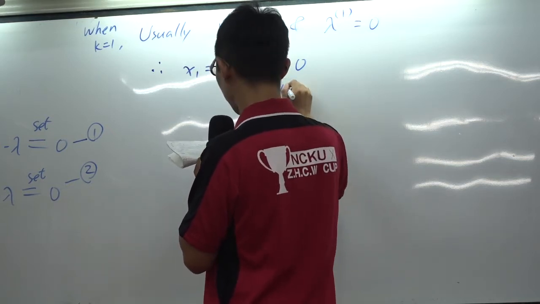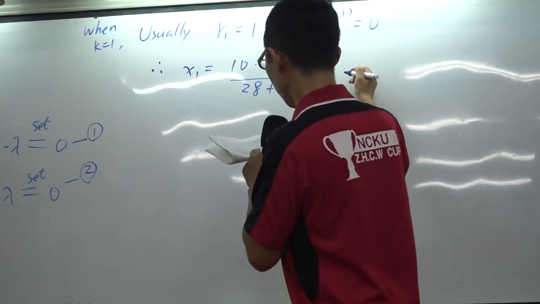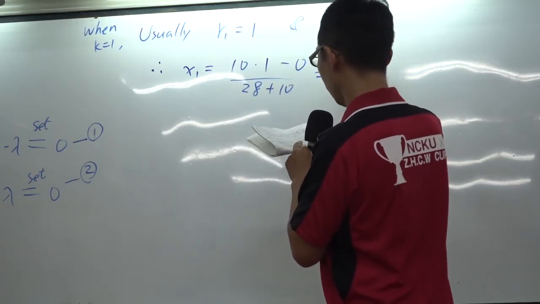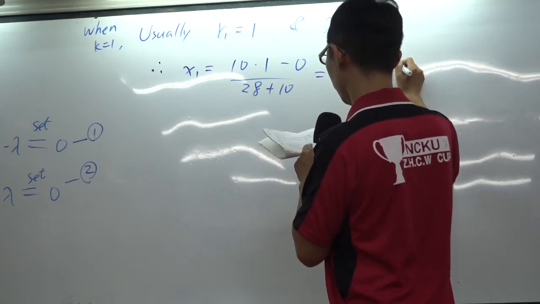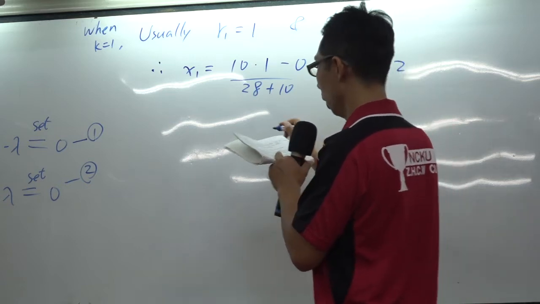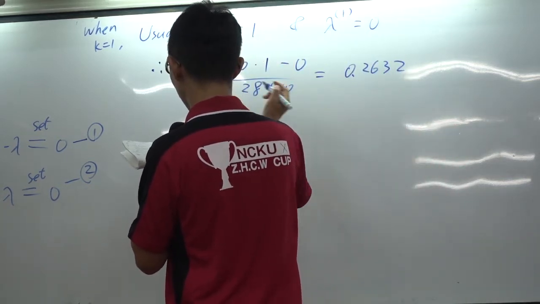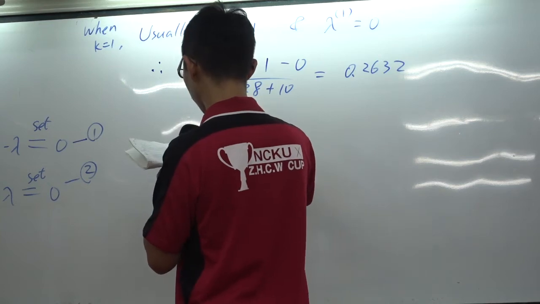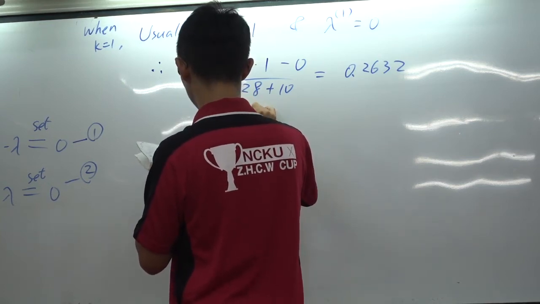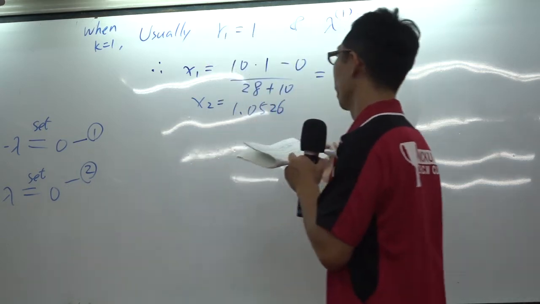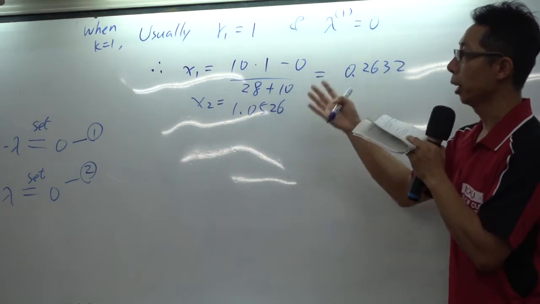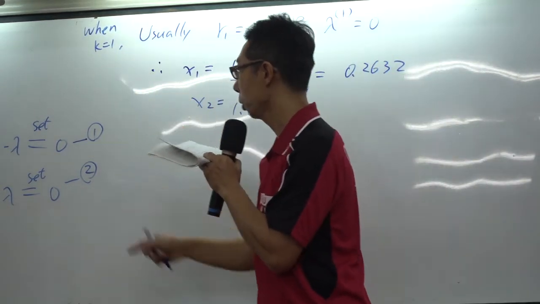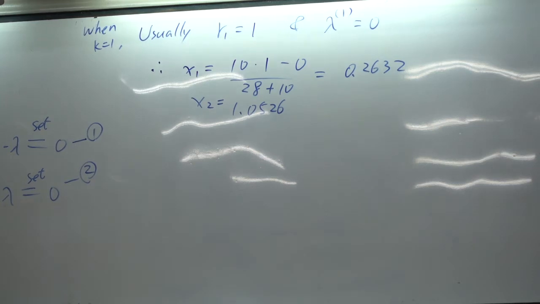This is 0.2632, and x2 is 4 times that, so that's 1.0526. Great. Now we have our x1 and x2 at iteration 1. Okay, so k is the iteration number.